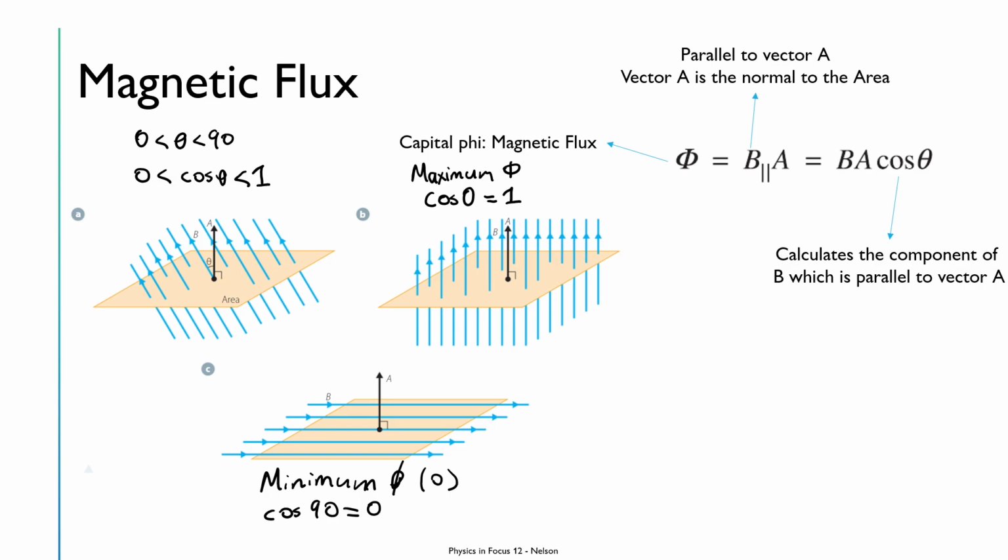And so that acts as a multiplier when you multiply that with the magnetic field strength as well as the area, which will yield you a result above the minimum because you're not multiplying by 0, but it will give you a result below the maximum because you're going to be multiplying by a value which is less than 1.